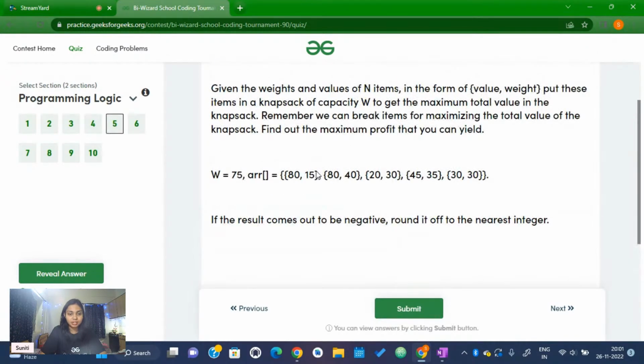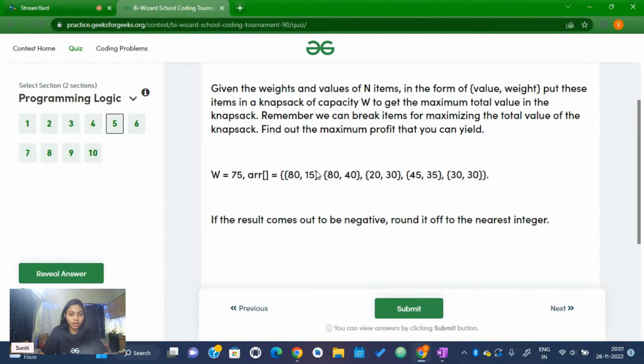So our next question is the famous knapsack problem. The statement reads: we are given the weights and values of n items in the form of value and weight. We put these items in a knapsack of capacity W to get the maximum total value in the knapsack. Also, this is a fractional knapsack, because we can break items for maximizing the total value of the knapsack.